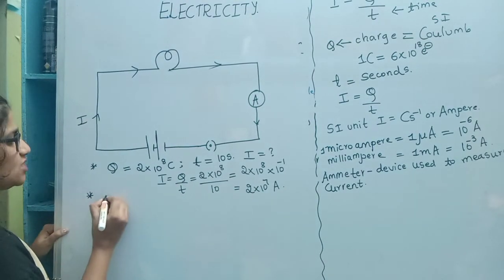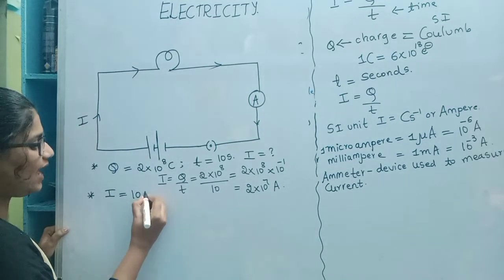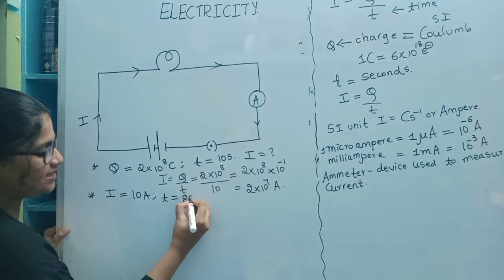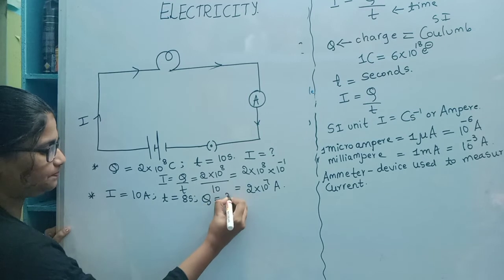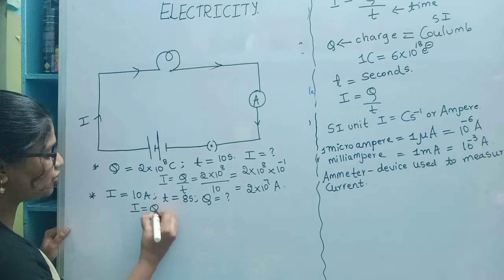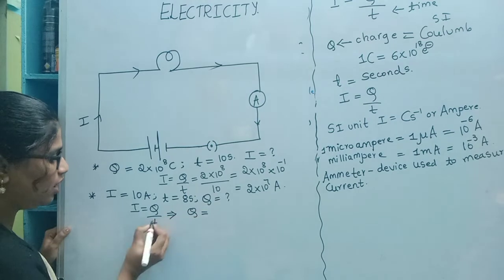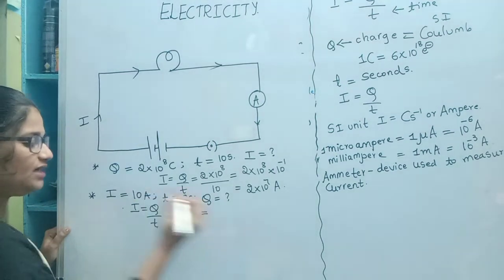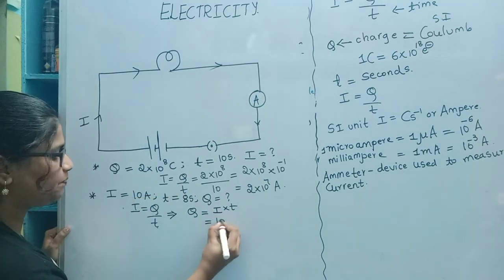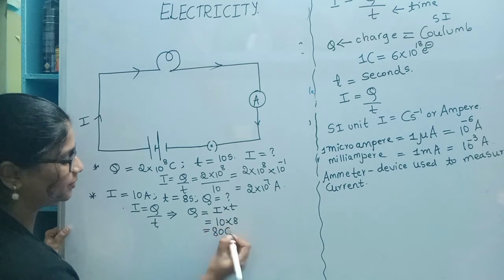Next, they may ask: when the current is 10 ampere and the time is 8 seconds, what is the charge? For this we consider the equation I is equal to Q by T and solve for Q. T goes to the other side, so it becomes multiplication: Q is equal to I into T, that is 10 into 8, which is 80 coulomb.